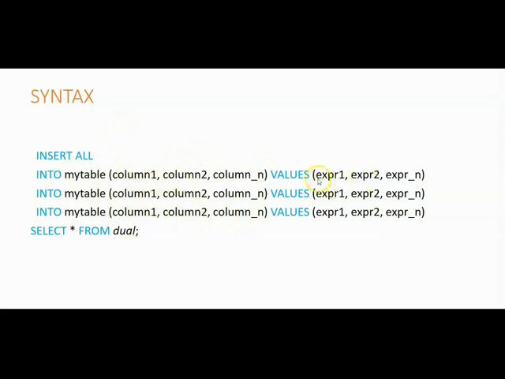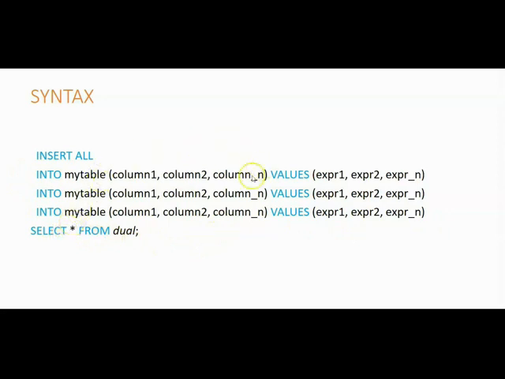Position must be matched with the values. expr1, expr2 are nothing but the values that we take, so n columns, n values. The same goes for the number of rows that you want to use. Here I have taken 3 rows, that means 3 insertions, so 3 records will be inserted. You can insert any number of records. At the end, you should write the statement select star from dual.